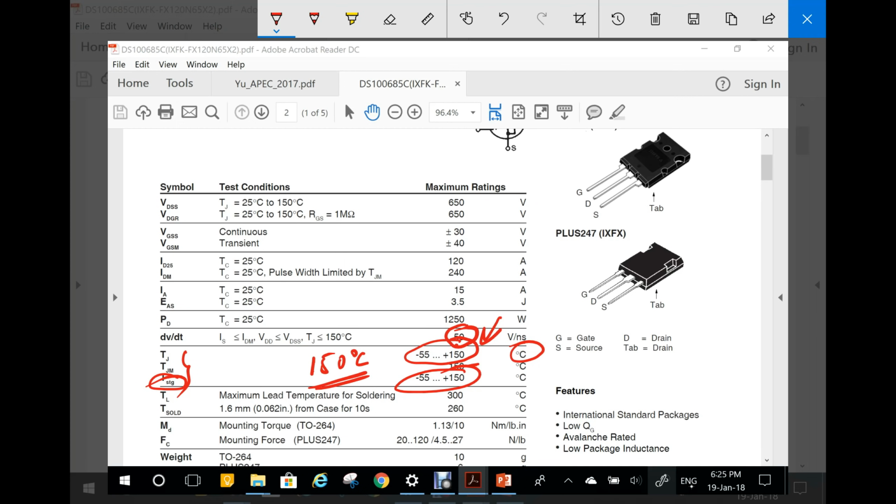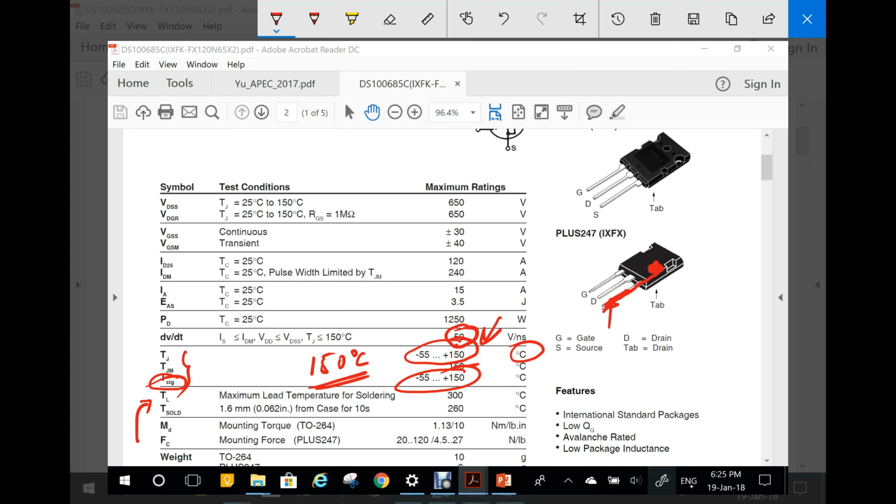Now we have another temperature-related parameter. That's the maximum lead temperature for soldering. Here, when you're soldering, this is getting hot. The heat goes inside and may damage the device, the chip.